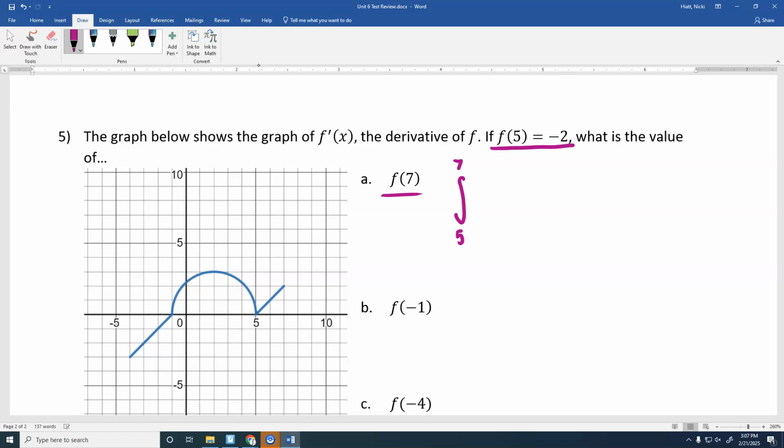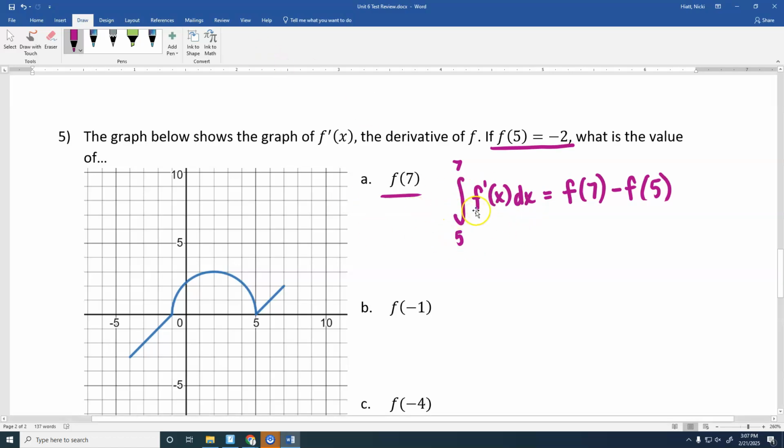I'm going to have to use 5 every time because that's my starting point. I know that. It's going to be f prime of x dx. And so when I integrate f prime, I get f, right? And so I will have f of 7 minus f of 5, like this. So this part right here can be found from the graph. So from 5 to 7, that's this little piece right here on your graph.